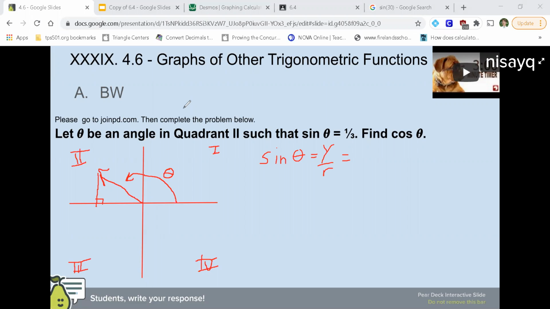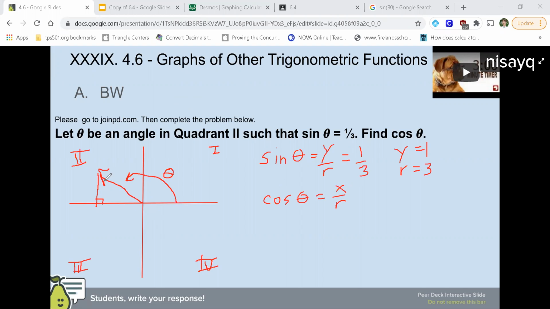So since our sine value is 1 over 3, that means y is 1 and r is 3. If we want to find cosine, the cosine formula you should have is x over r. So the only thing I need to do to find this answer is really to find our x value.